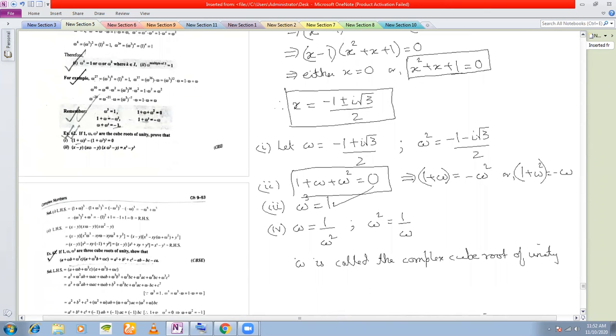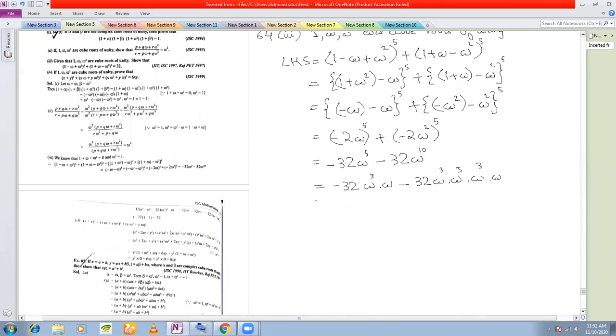We are going to use this property. So if omega cube is 1, this becomes minus 32 omega, and this is 1, this is 1, this is 1. So you're getting minus 32 omega.